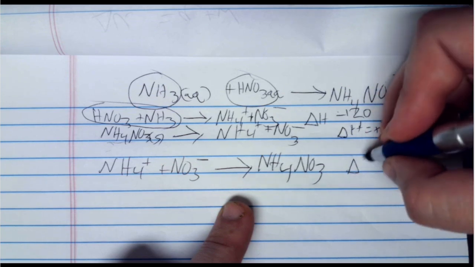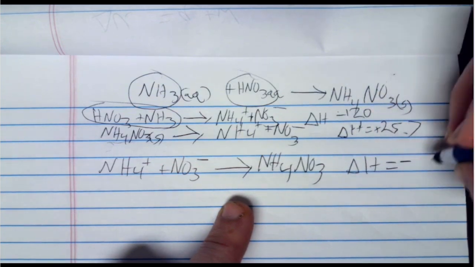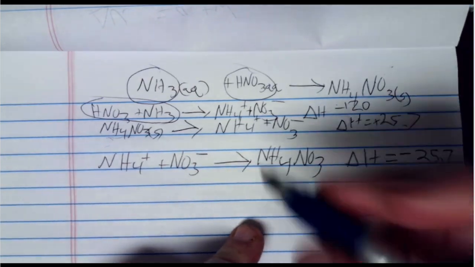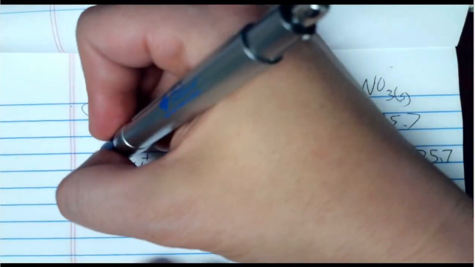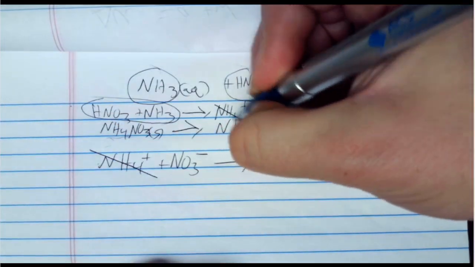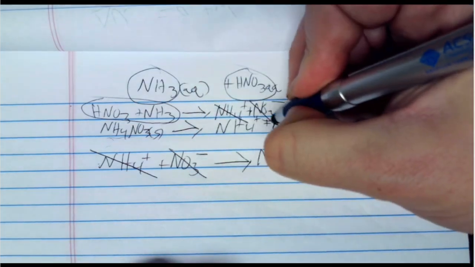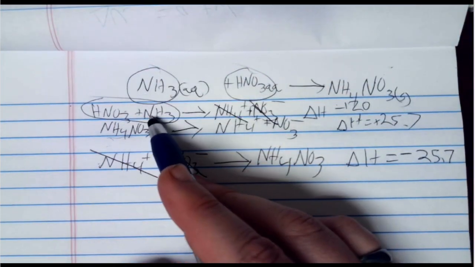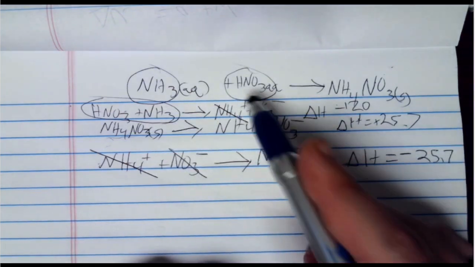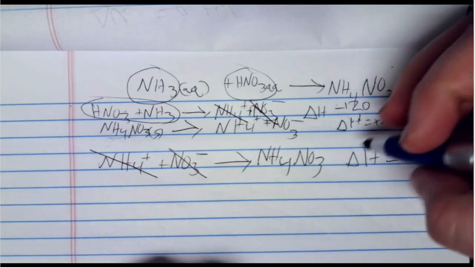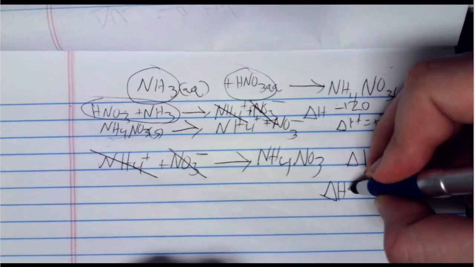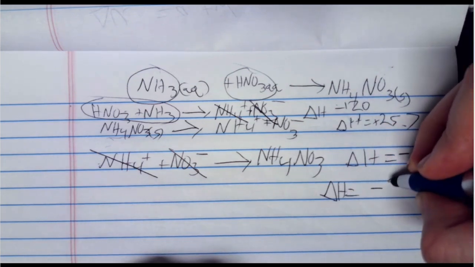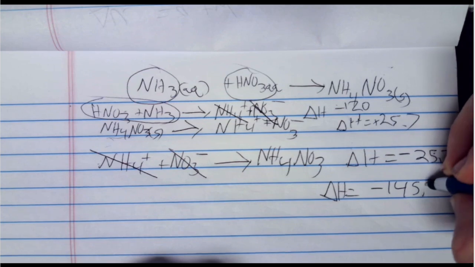And that'd be a delta H of now negative 25.7. Now when I add this and this, each of these terms cancel out, and we are left with HNO3 and ammonia give you ammonium nitrate. So the delta H would be just simply the sum of this and this, so negative 145.7.